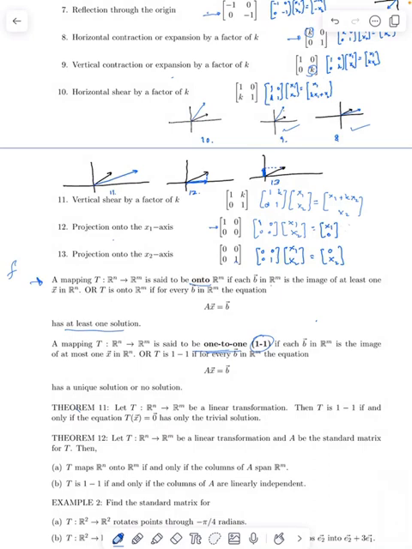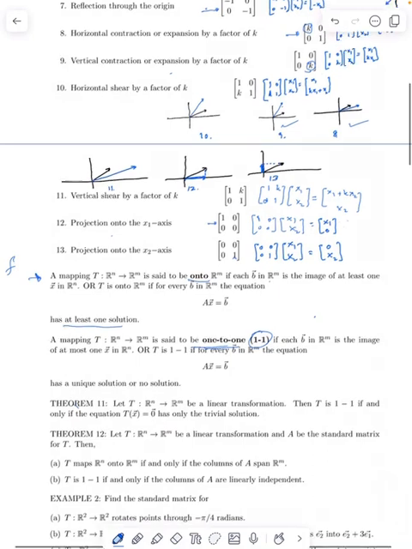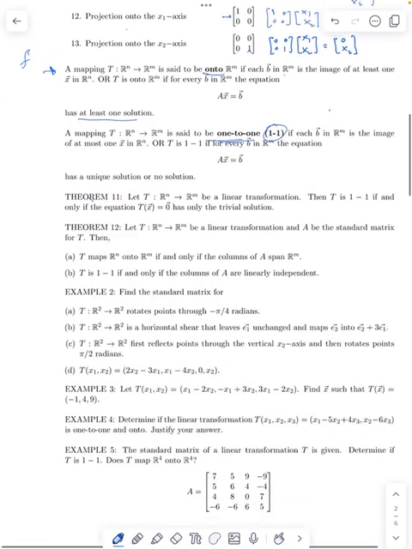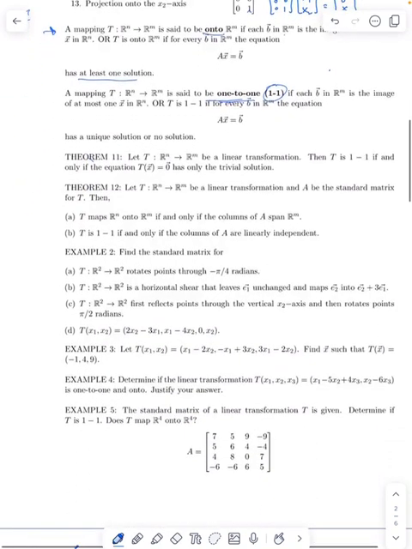Now theorem 11 says: let T from Rn to Rm be a linear transformation. Then T is one-to-one if and only if T(x) = 0 has only the trivial solution.